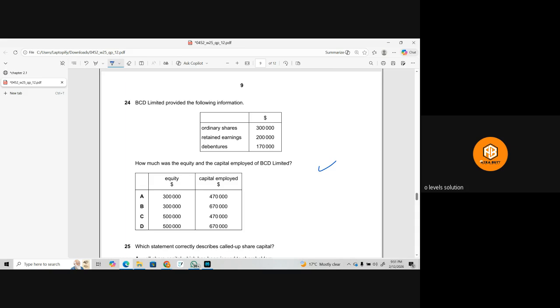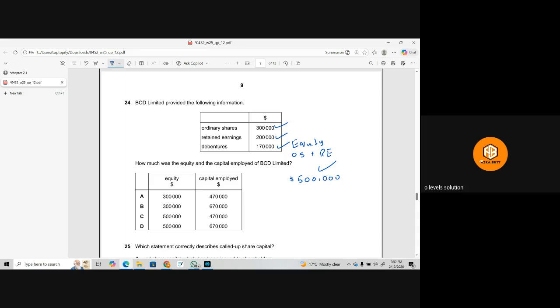First of all, the ordinary shares are 300,000, retained earnings is this, debentures is this. To find out the equity, it's easy. We will add the ordinary share capital and the retained earnings, not the debentures. So this will be 500,000.